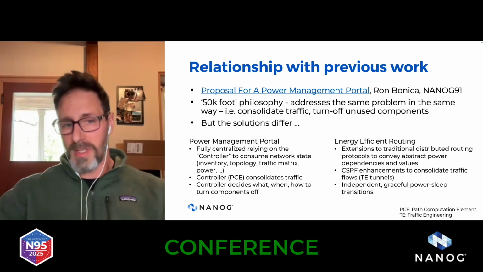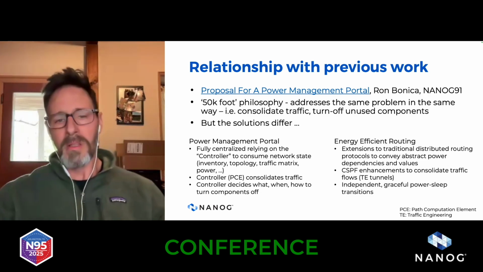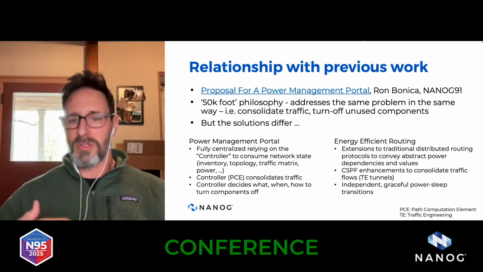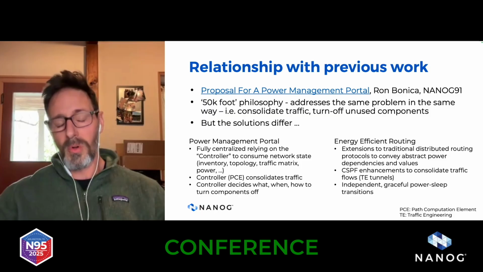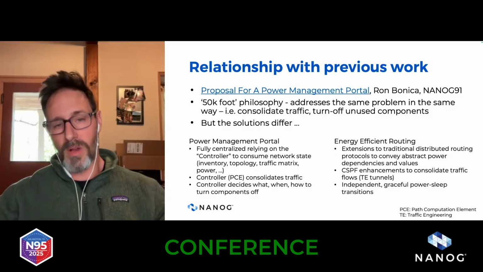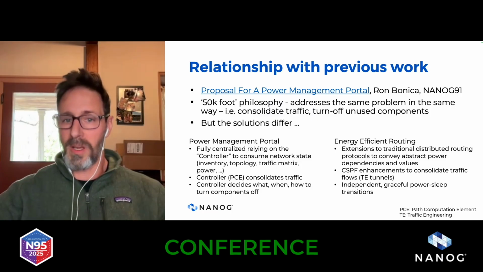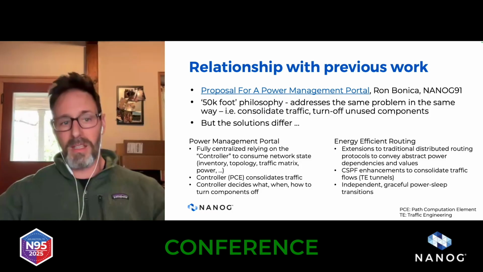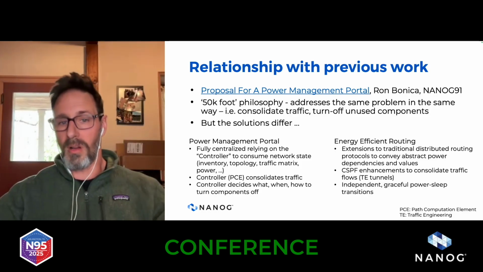The proposal I'm going to present to you today, that I'm referring to as energy efficient routing, is a bit more of a traditional distributed routing protocols type of solution. I'm going to present a few extensions to our routing protocols and some modifications to our constrained shortest path first algorithm to do that traffic consolidation, and then allow our platforms to make independent decisions to gracefully power components on and off.